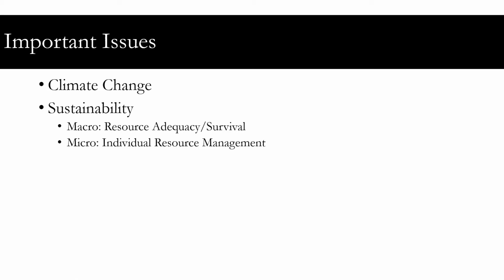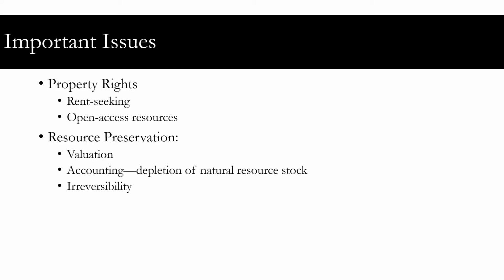So here we're just talking about the level of a small ecosystem, or maybe just a state or a country or something like that. We'll talk more about that as the class moves along.